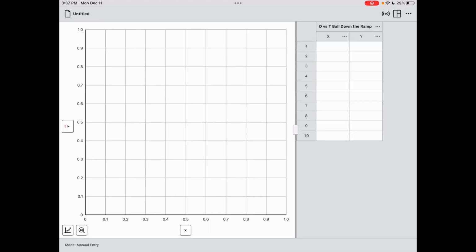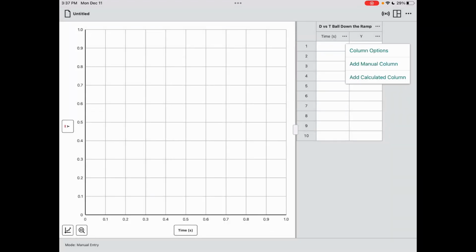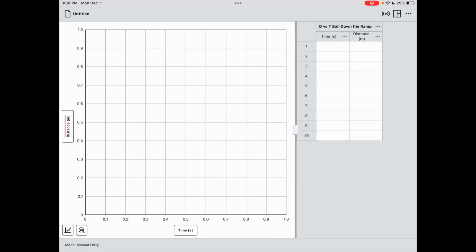My x is time, measured in seconds, and the y is distance measured in meters. Don't forget 0, 0 is a data point. And then I'm going to start entering in the rest of my data.